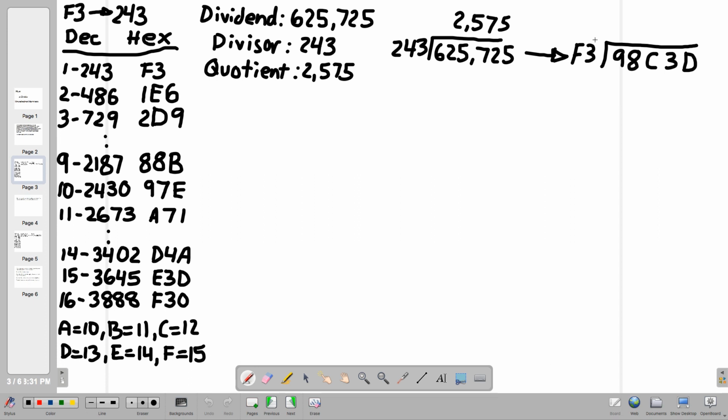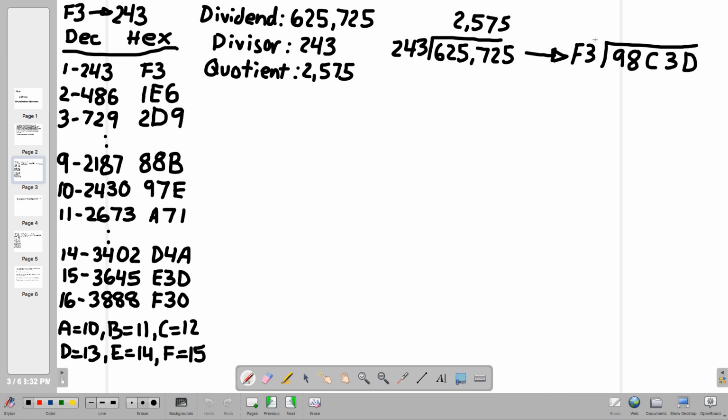Before we begin the computation, let's look towards the left. We have some notes. Right at the top, because you see that we're dividing F3 into the dividend 98C3D, we want to represent that in decimal by the value 243.